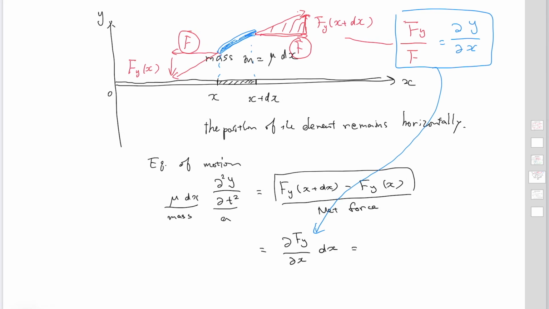Then it becomes the partial derivative with respect to x of F times the partial derivative of y with respect to x, times dx, and F is constant.